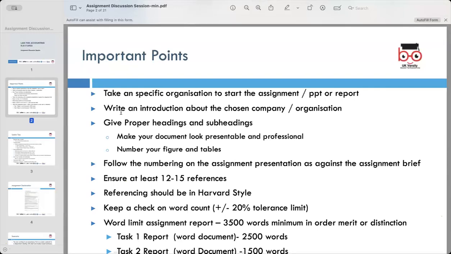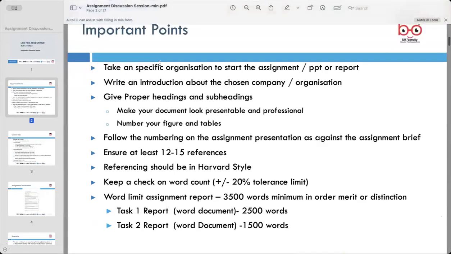Basically it's an opportunity to collectively reflect on the principles we have learned throughout the course and apply them to a real world scenario. So some important points to consider for your assignment. Choose a specific organization.